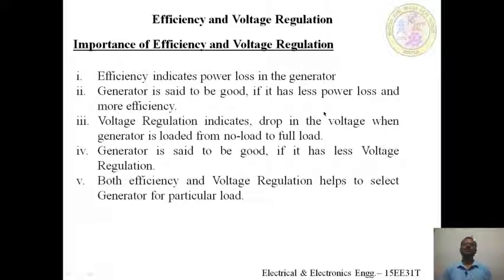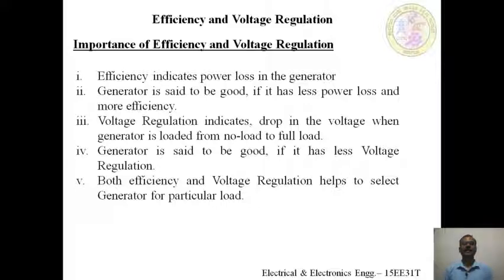Next, why do we need to study the efficiency and voltage regulation? What is their importance? Efficiency indicates the power loss in the generator. By the efficiency, we will come to know the amount of power loss that takes place in the generator, how efficiently the machine works.